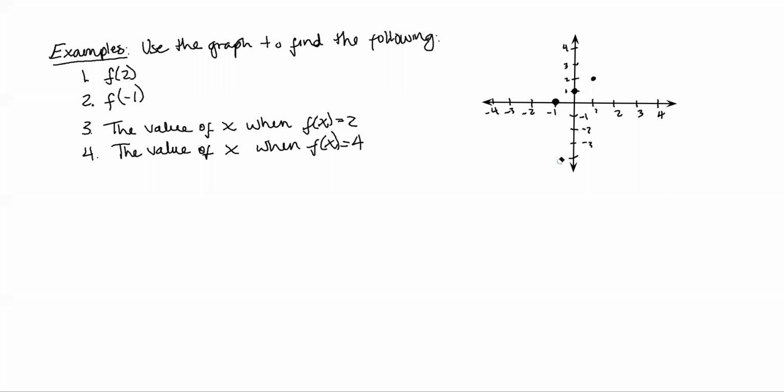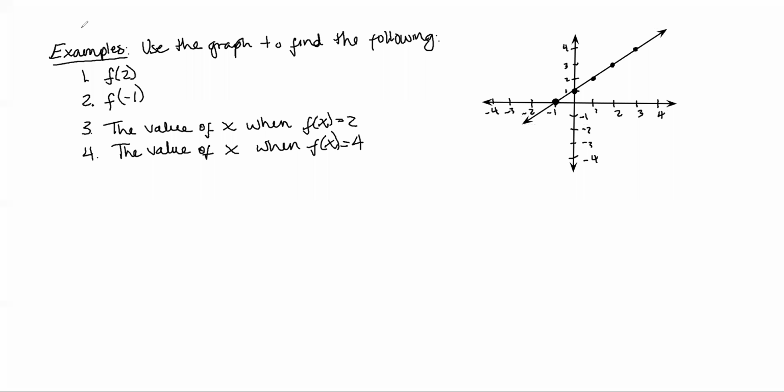And then a couple more points here. So we've got 2, 3. And 3, 4. And I'm going to draw the line through those. Yeah, that goes roughly through there.